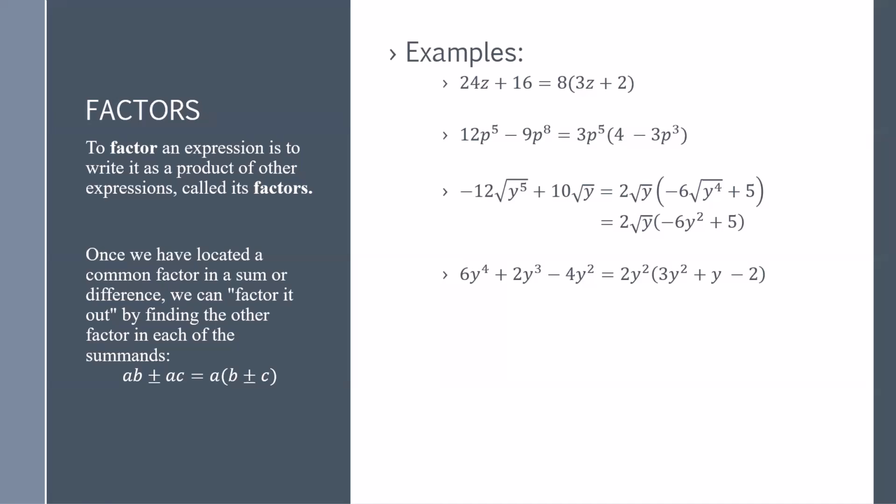The second term has no constant, since we factored out the 2, but we're left with a y to the 1, since y to the 1 times y squared gives us our y cubed. Finally, in our last term, we factor out all of the y squared and 2, so we're left with negative 2.